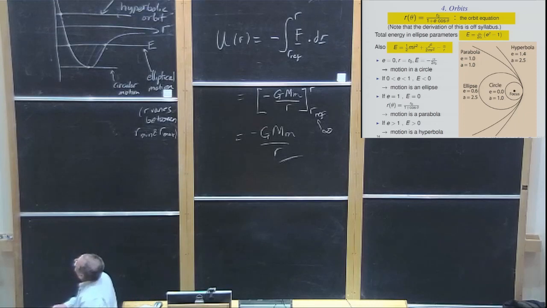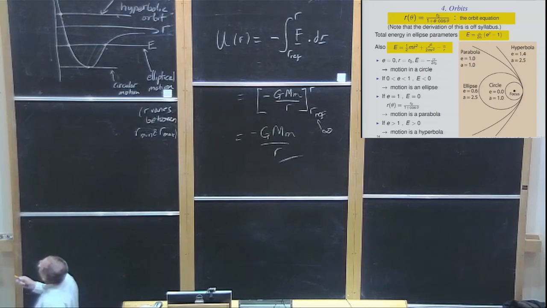Now we did actually derive this expression, and it was a lot of fun, but that derivation is off syllabus, so don't worry about it. It's good if you can do it, but you won't be expected to do it. But the point here is to remind you that expressions for orbits can be expressed in this formalism also.